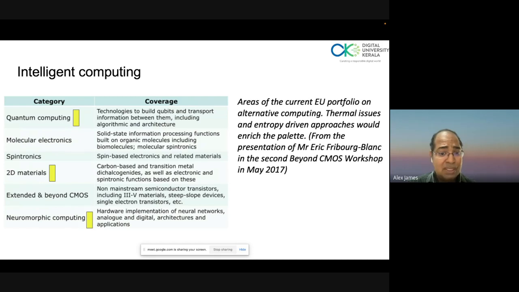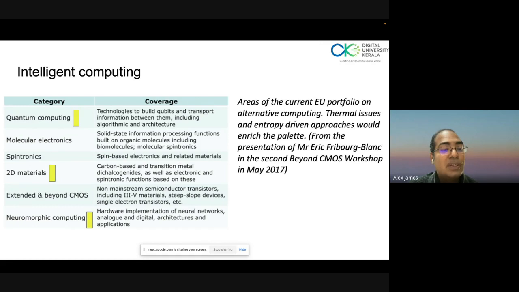Although there are several beyond-CMOS and extended technologies, they may not be well suited for neuromorphic computations. Something like intelligent computing, as the name neuromorphic itself suggests, mimics the various kinds of neurons or neural networks, which can be implemented analog, digital, or mixed, whichever way you try to implement them in the system.